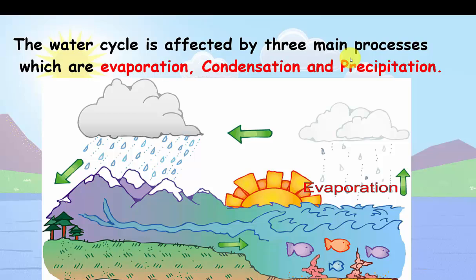And when the rain falls, we call it precipitation. So we have three processes: evaporation, transferring water to water vapor; condensation, this water vapor transferring to water; and when this water falls on the earth, we call it precipitation.